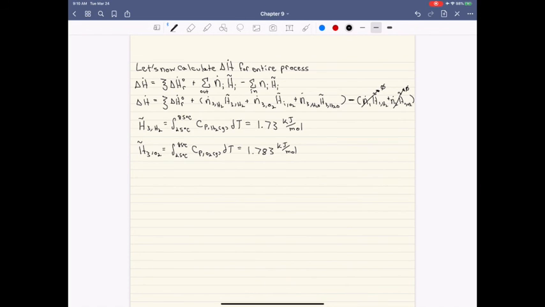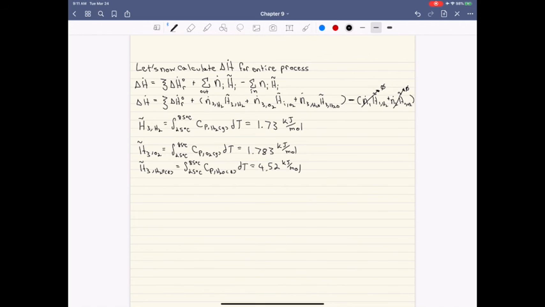And then for liquid water, same sort of thing. Integrating the heat capacity with respect to temperature, here you get 4.52 kilojoules per mole.